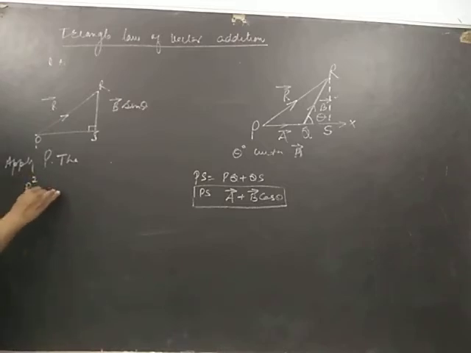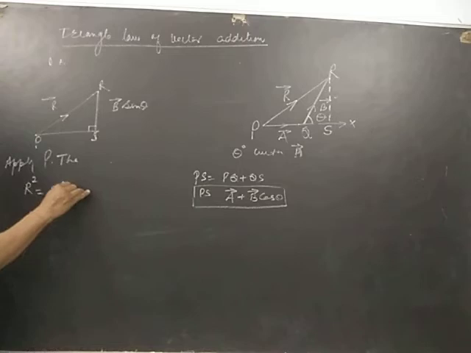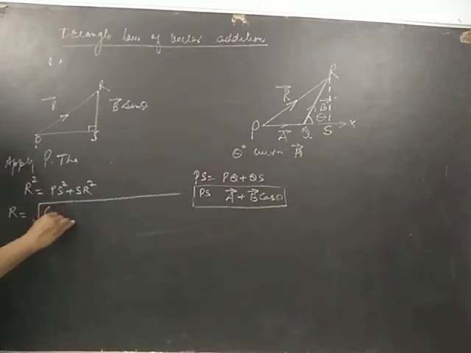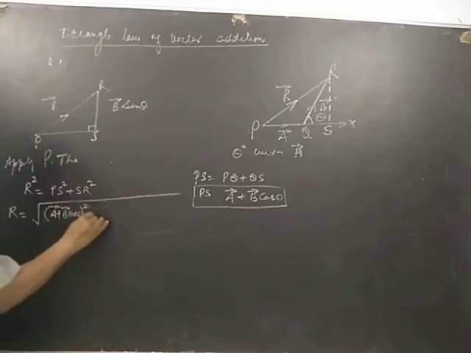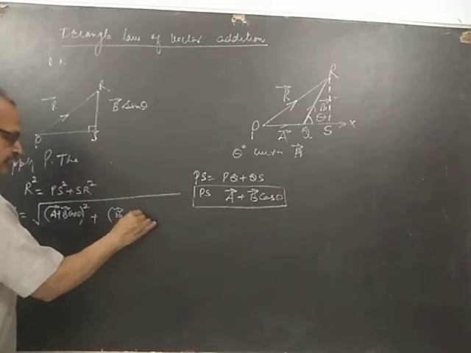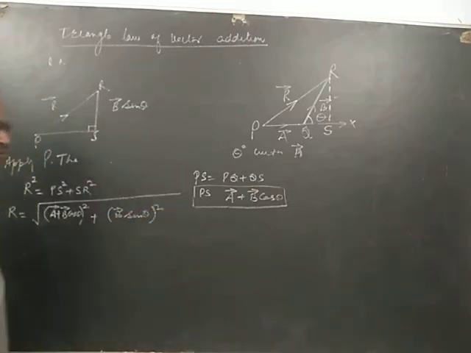So R square will be equal to PS square plus SR square. So R will be equal to under root of PS square. What is PS? You have just written A plus B cos of theta, whole square, plus RS, which is B sine of theta, whole square.